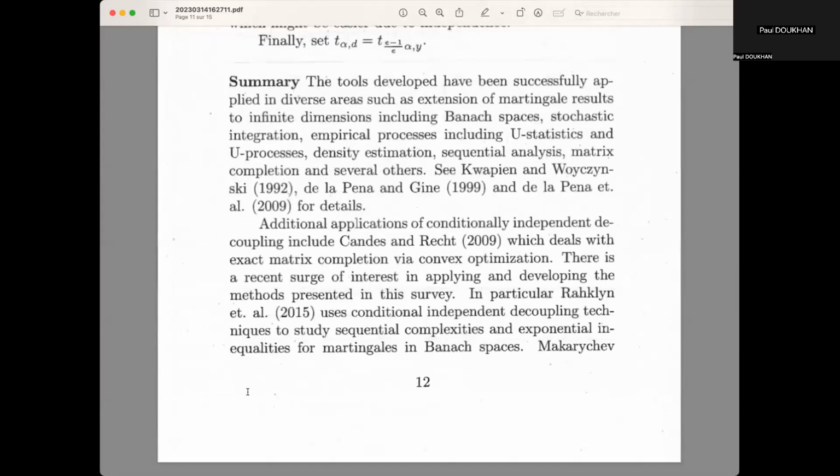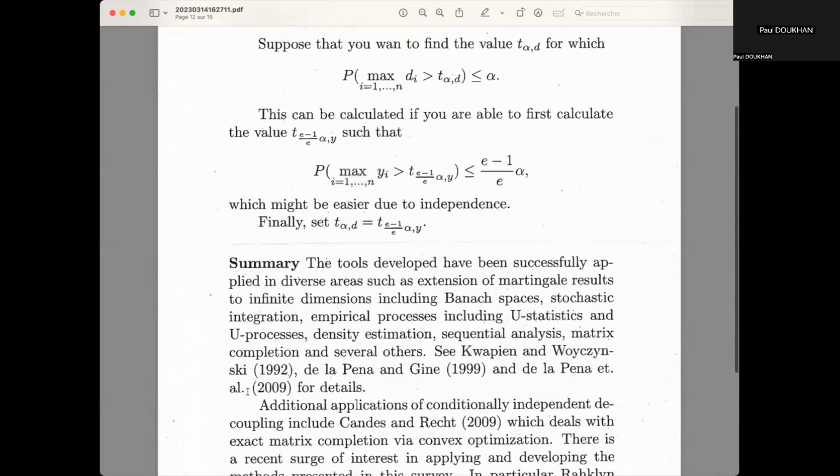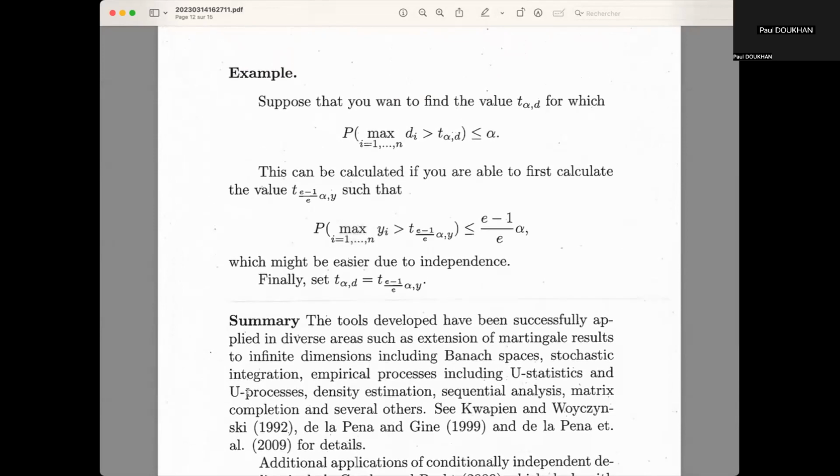Now, let me show you an application to show that this is actually useful. So suppose that you have an insurance company and you want to get a bound on the worst expense that you acquire. So suppose that you want to find the t of alpha such that this is less than alpha, okay?